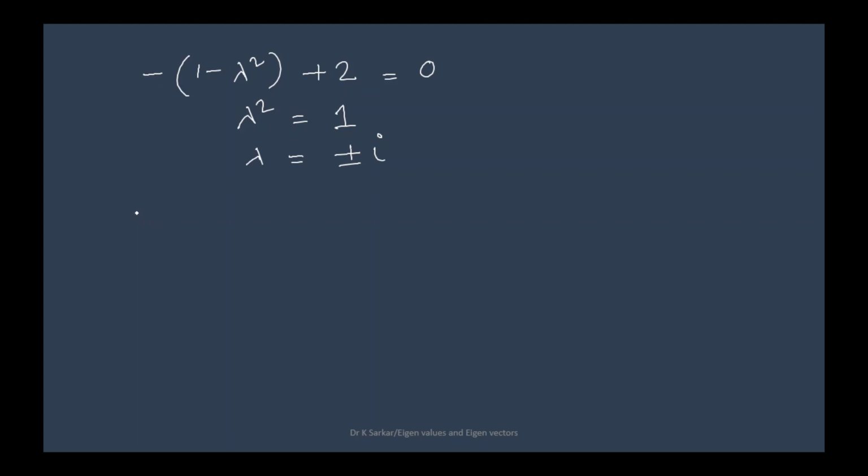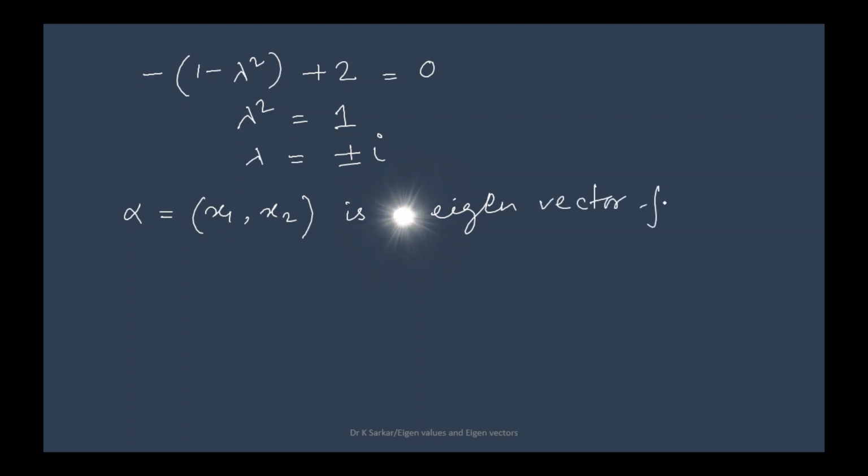Let us take alpha, x1, x2, as the eigenvector for lambda equals i.